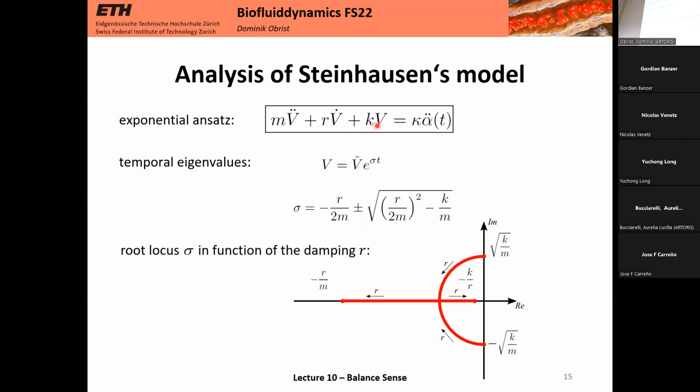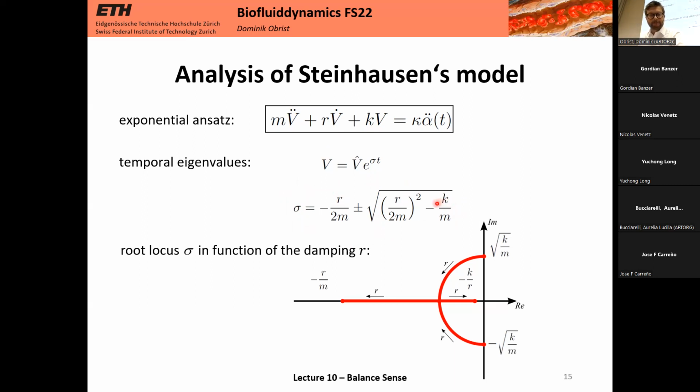And we can then solve it for the sigma, and we see that there are two solutions for the sigma, depending on the values for R, for M, and for K. That's just the standard way of solving constant coefficient differential equations.